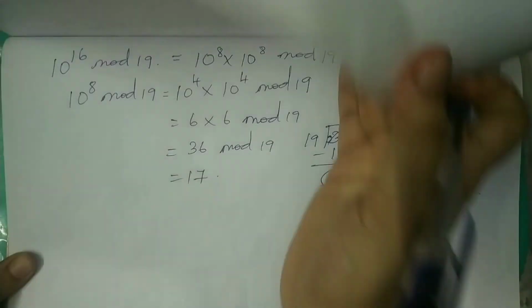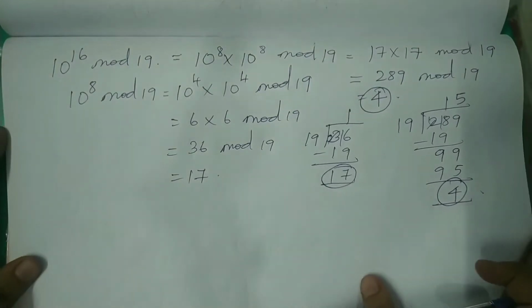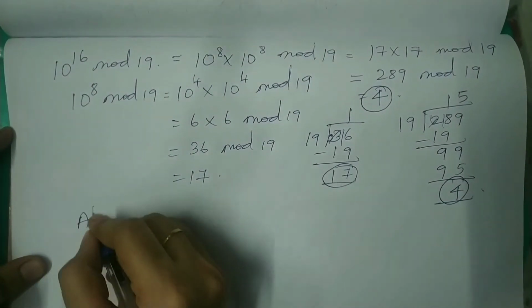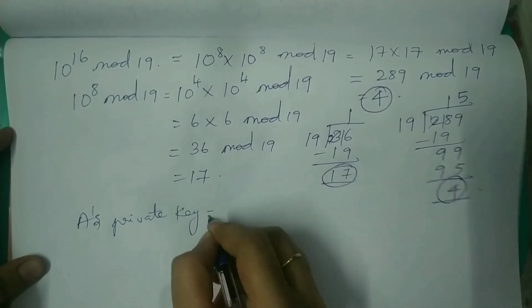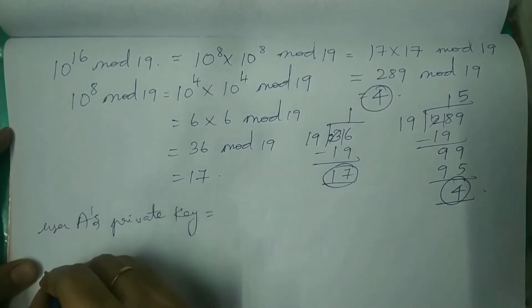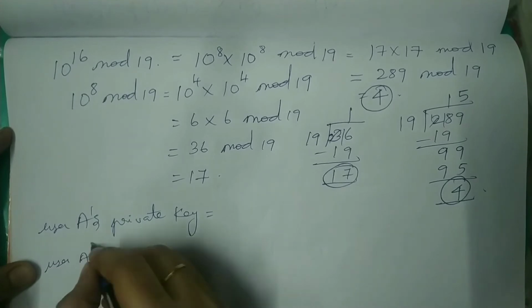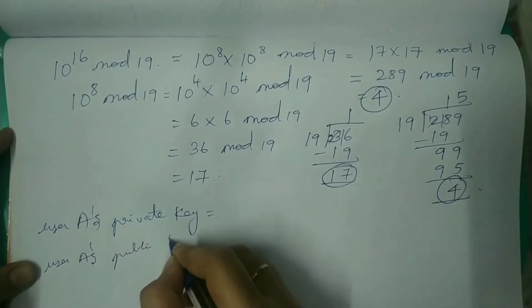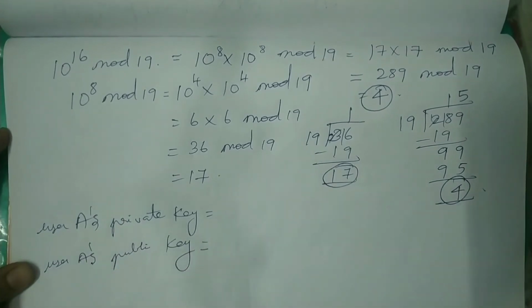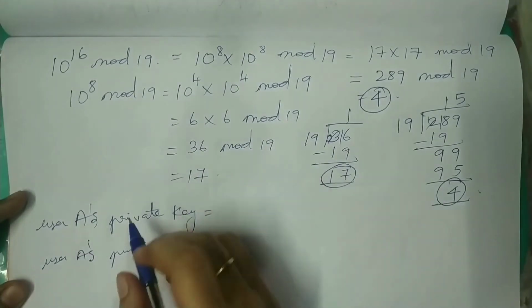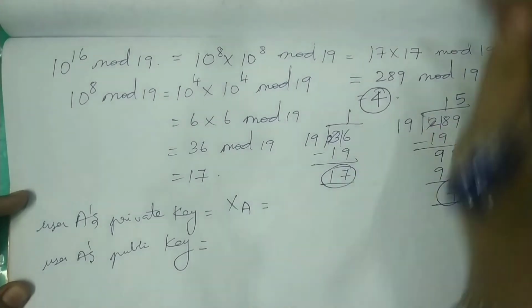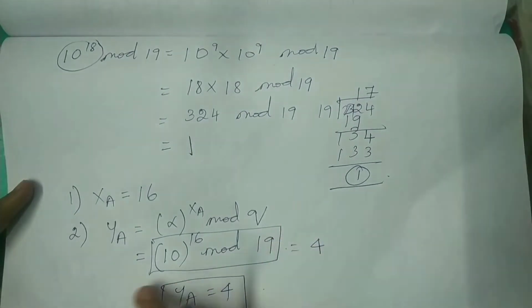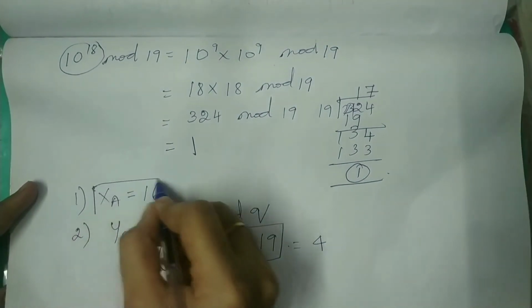The next step is we need to write user A's private key and user A's public key. So user A's private key is the XA's value. The XA's value we just now found, that is 16.